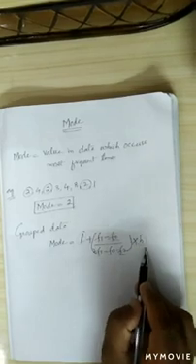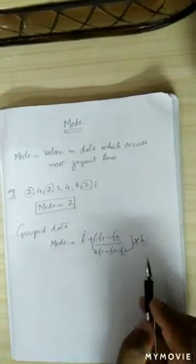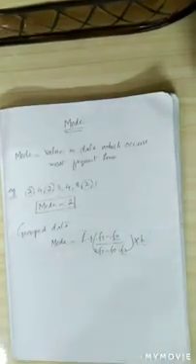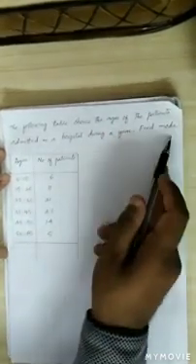I'm going to take one question and solve for the mode with its help. The question is: the following table shows the ages of the patients admitted in a hospital during the year. Find the mode.